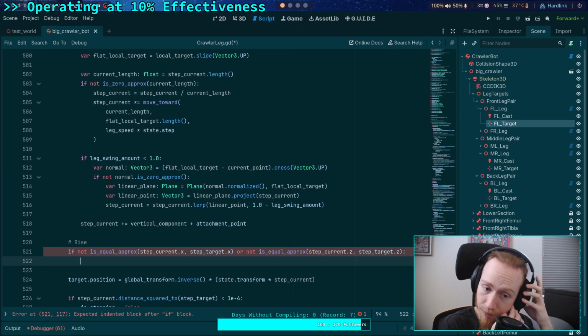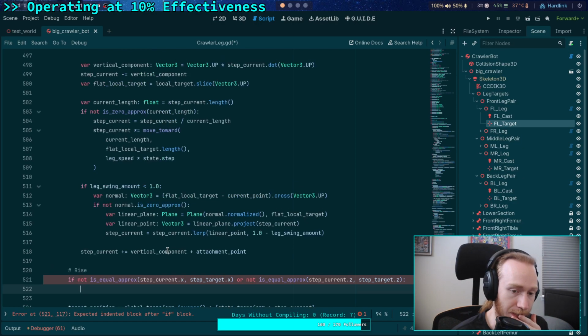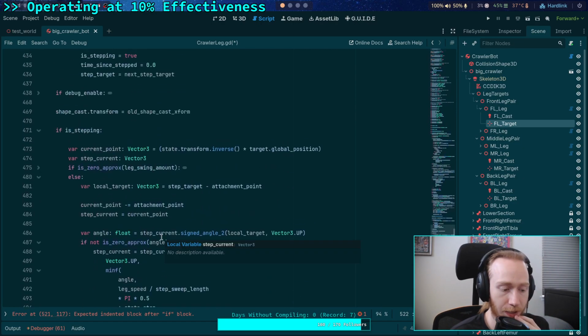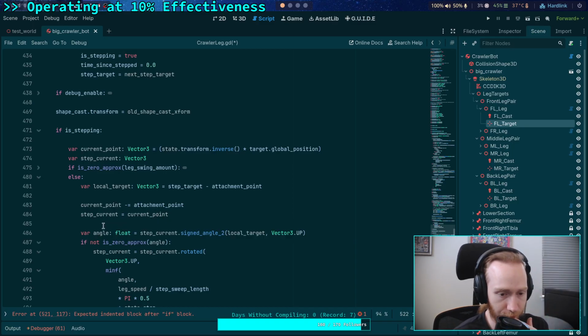These are both relative to the attachment points, so they're aligned, basically in body space. So any Y is an actual lift of the leg, and then X and Z is the translation, the ground translation.